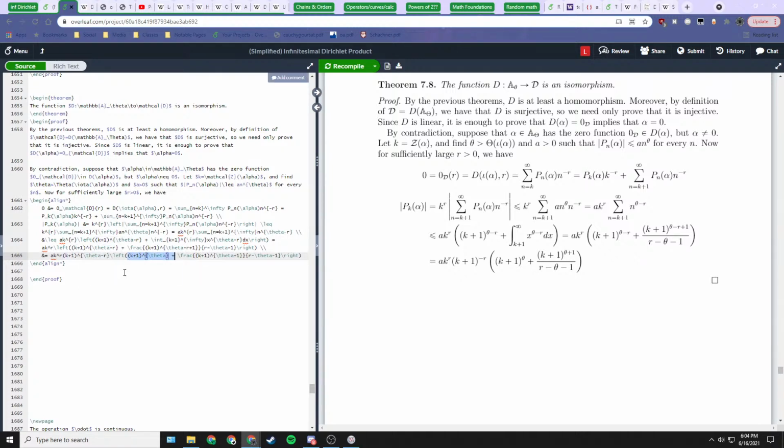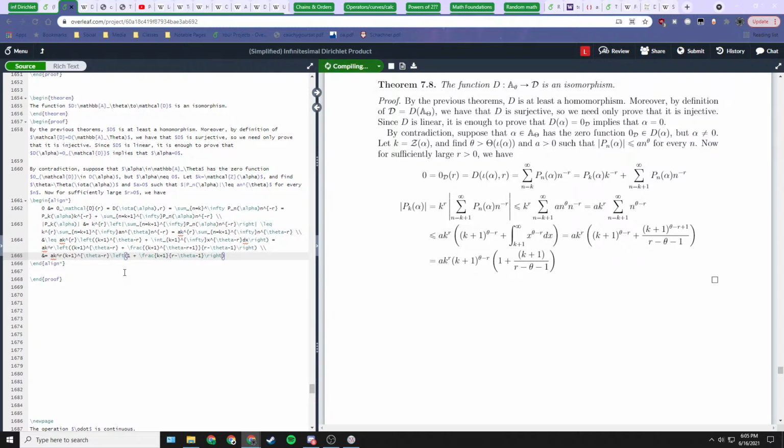So this will end up being (k+1) power theta, that's just power 1. The exponent goes away, and we end up with this. And we don't need the parentheses in the numerator there.